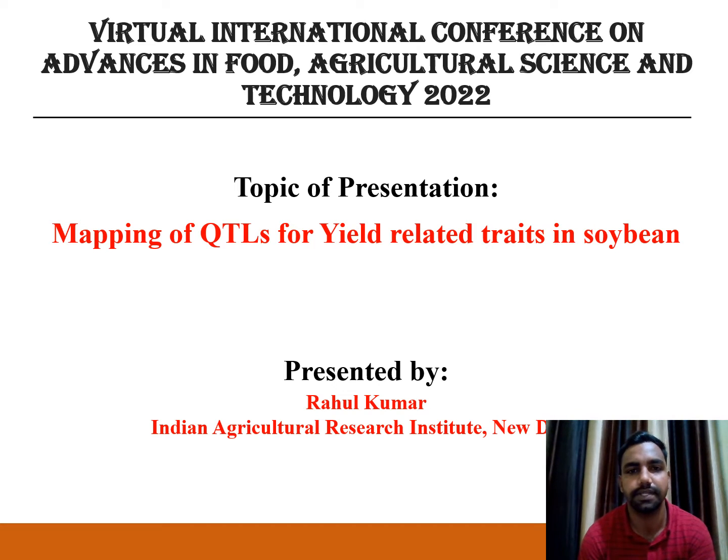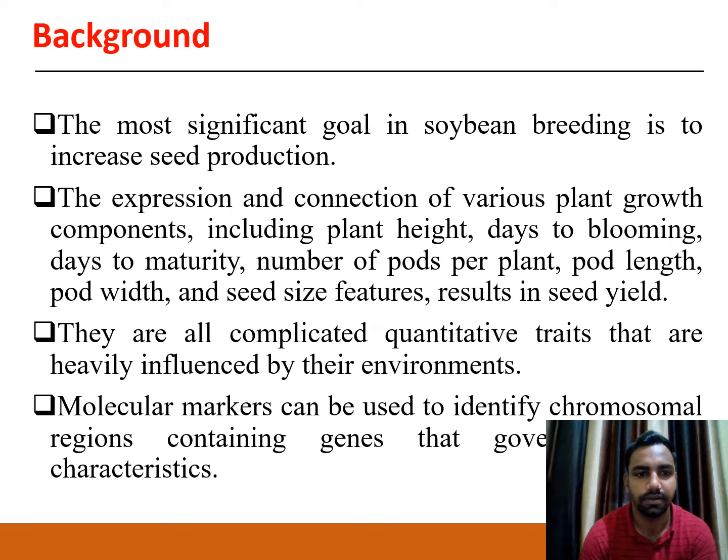And the topic of my presentation is mapping of QTLs for yield related traits in soybean. As you all know, the most significant goal in soybean breeding is to increase the seed production and overall yield of the soybean.